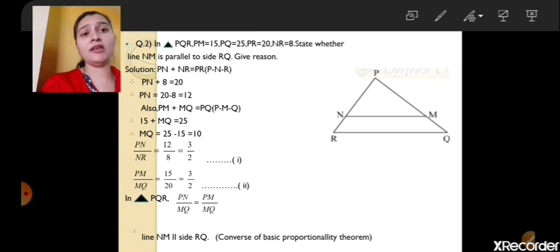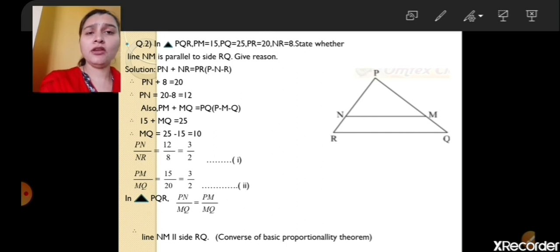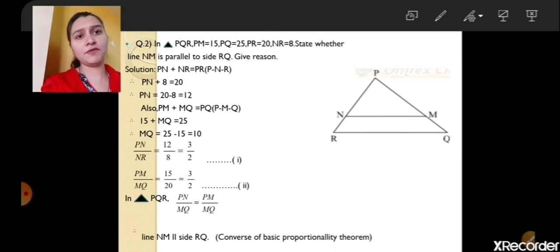So your PN is 12. The same way we will find with the values of PQ. PQ whole is given as 25. PM is given as 15. So what will be your MQ? It will be 25 minus 15, that gives you 10.